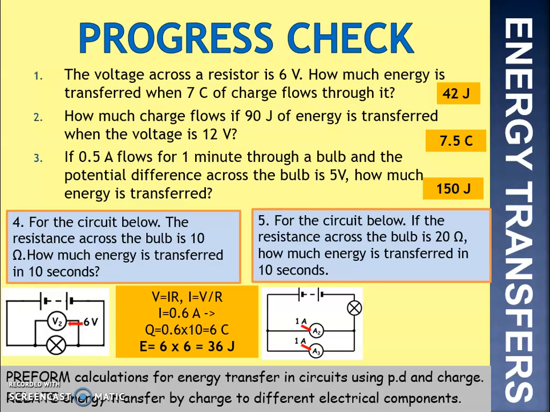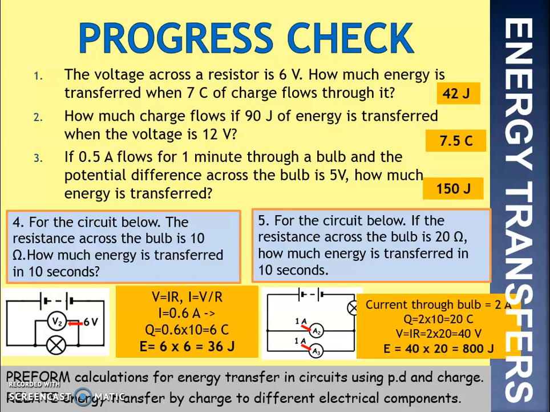Question 5. For the circuit below, if the resistance across the bulb is 20 ohms, how much energy is transferred in 10 seconds? Well, it's a parallel circuit and we know the current across each one is 1 amp. The bulb, though, comes before the parallel circuit. So 1 amp plus 1 amp would be 2 amps. The current is 2 amps. We know Q equals IT. So we know our current, which is 2.